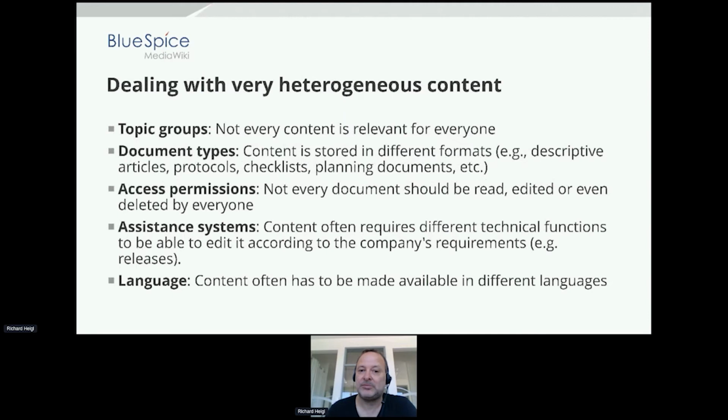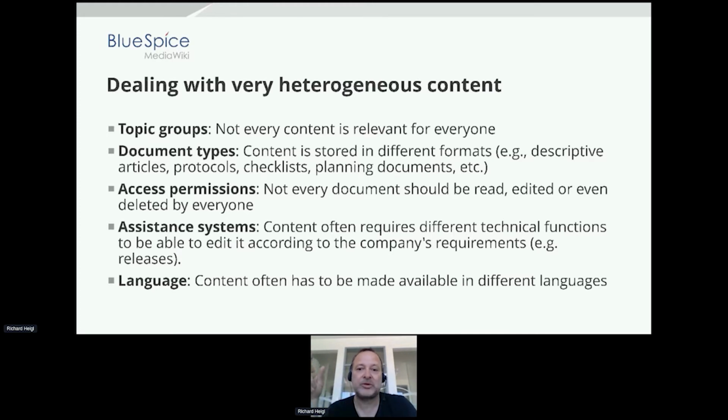And yeah, this is a huge problem. Why? Because we are dealing with very heterogeneous content. Those 5 are, I think, the most important ones. I have not only content, but the content is characterized by, for instance, different topic groups.